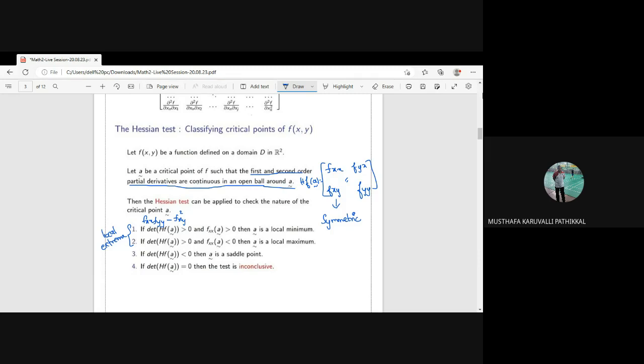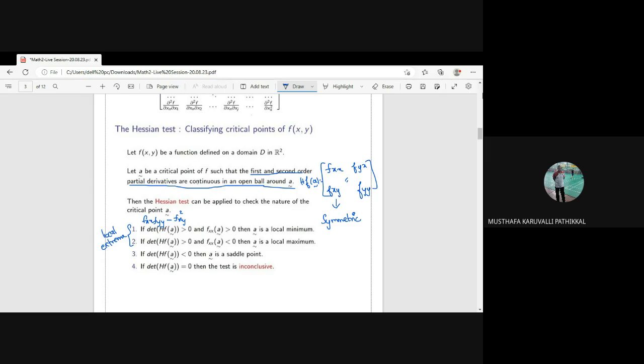When you do the Hessian test, you get an inconclusive result if the power is more than 2. If it is x squared plus y squared, for example, since the second derivative does not have any variable, at the origin you will get a positive value. It is a local minimum, all fine.